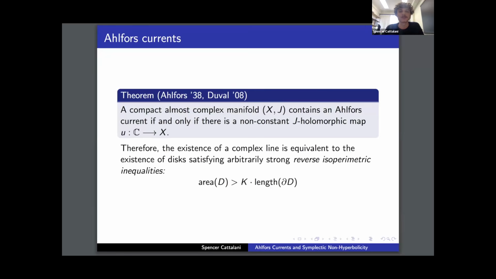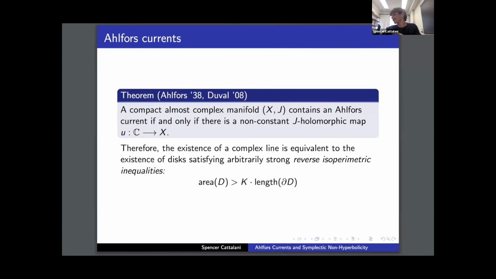If you just unravel the definition of Ahlfors current, this says that the existence of a complex line is equivalent to the existence of disks which satisfy arbitrarily strong reverse isoperimetric inequalities, so inequalities of this form. As k gets larger and larger, you still need to find disks for arbitrary k.